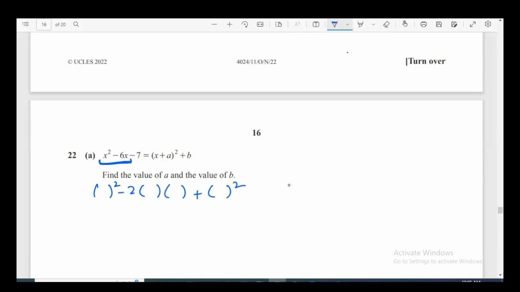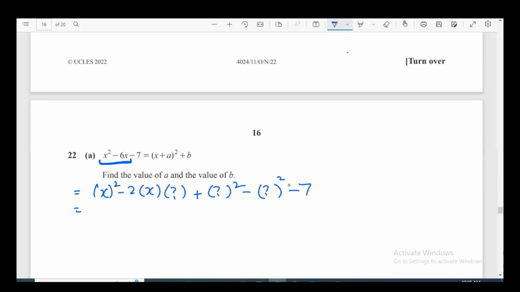To eliminate the third term, we have to write minus parenthesis square. Minus 7 copied from this part. So a is x, and the middle term is 2ab. B is unknown here. We don't know what b is.